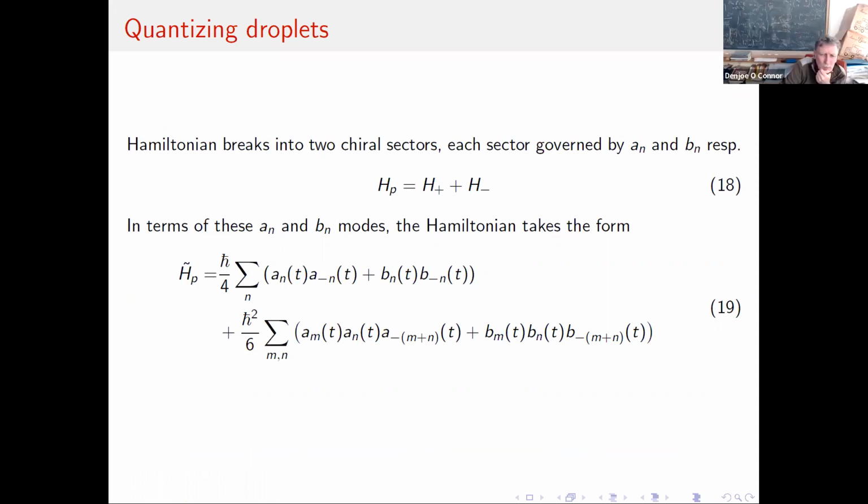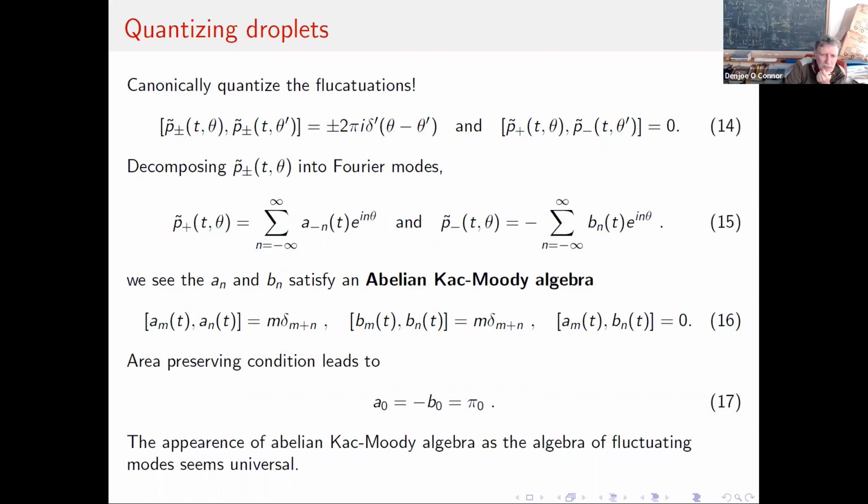Sorry, when you say abelian Kac-Moody, do you mean something that's equivalent to a conformal field of a scalar field, the first derivative of a scalar field? You can map this entire system to a free boson on a cylinder.